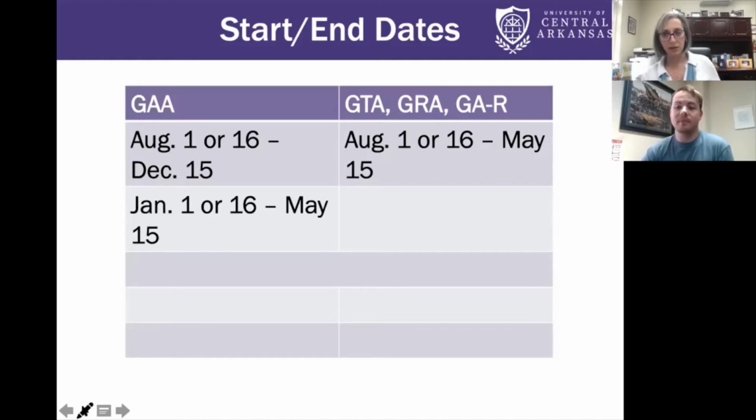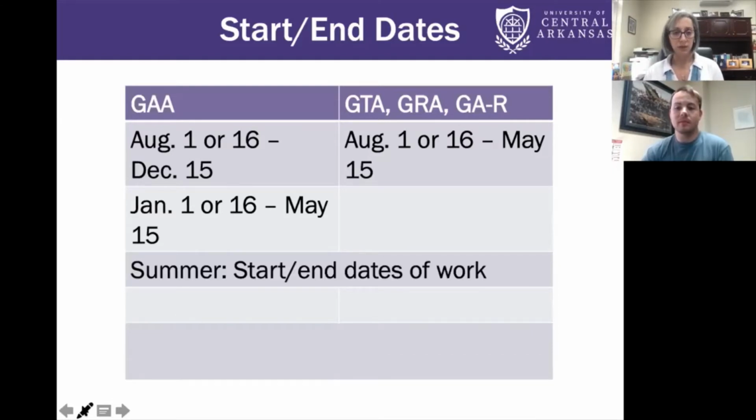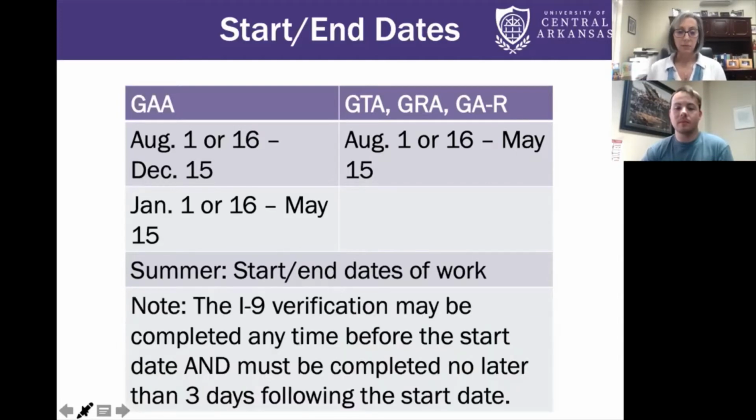Very good, very good. One thing that we did learn early on when we started these uniform dates, I'll come back to summer in a second, is that part of a new hire is that the person has to complete the I-9 verification process.